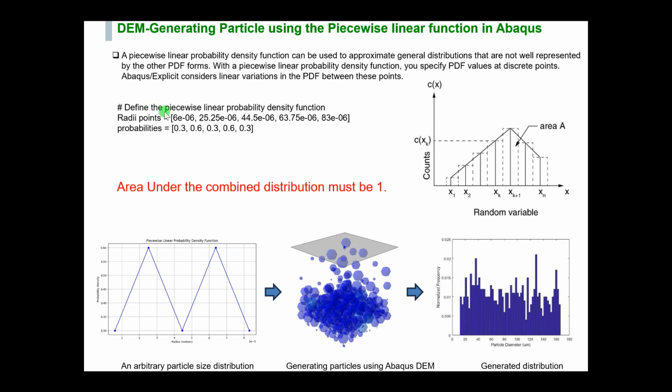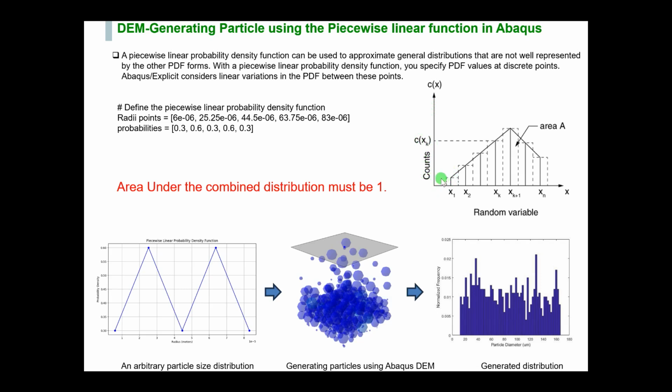As you can see in this graph, if we assume we have an x and a y axis, in this case our x axis would be radius. For each x point, we should specify a probability value on the y axis.